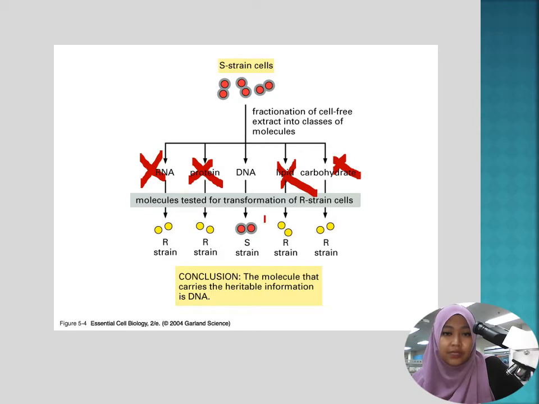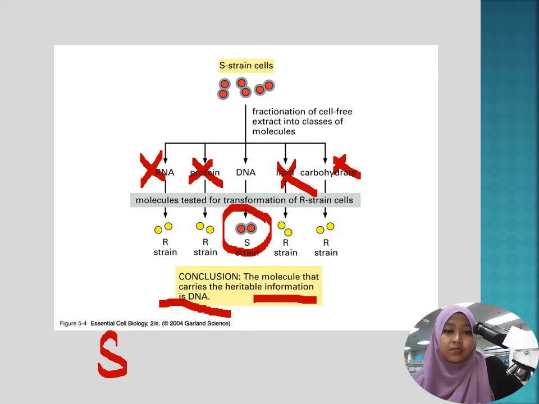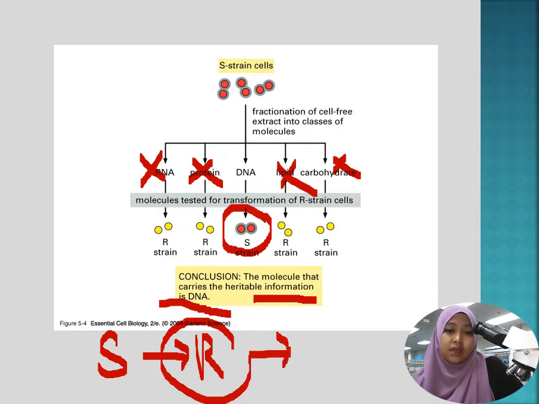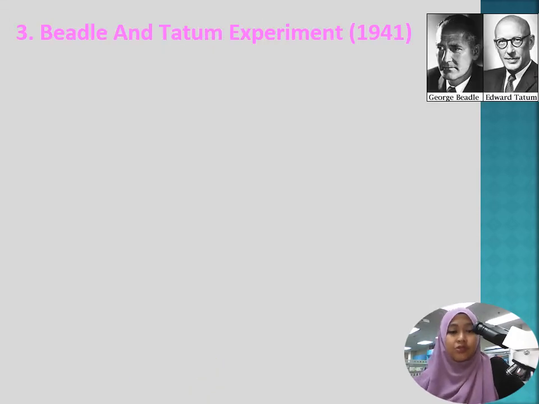So DNA is actually the transforming principle, carrying the information passed from strain S to strain R, making strain R change into the virulent strain S.